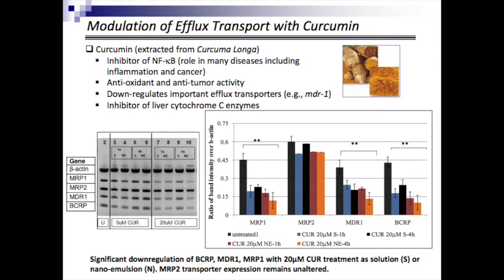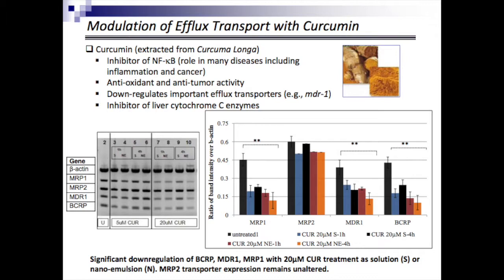We see the expression of MDR1 decrease with both 5 micromolar as well as 20 micromolar doses of curcumin when given in nanoemulsions. And we also see other transporters such as MRP1 and BCRP reduced tremendously with curcumin pre-treatment at the 20 micromolar dose. That's shown in the graph on the right-hand side.